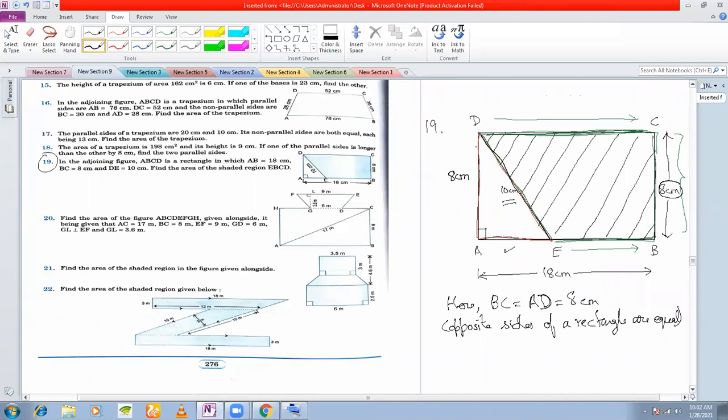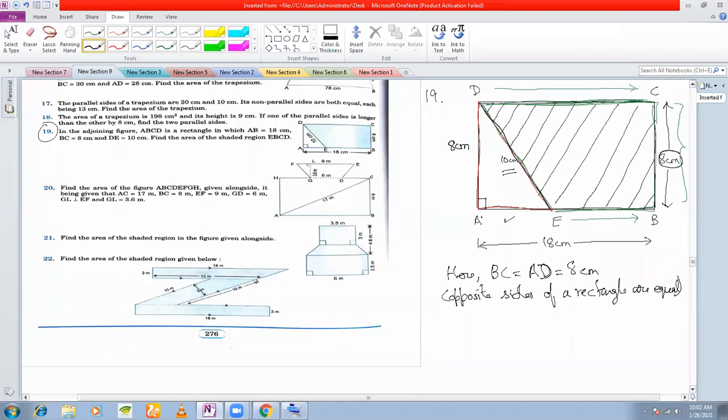Now we shall find out this side here with the help of Pythagoras theorem. So we write in the right angle triangle ADE, hypotenuse square is equal to perpendicular square plus base square.